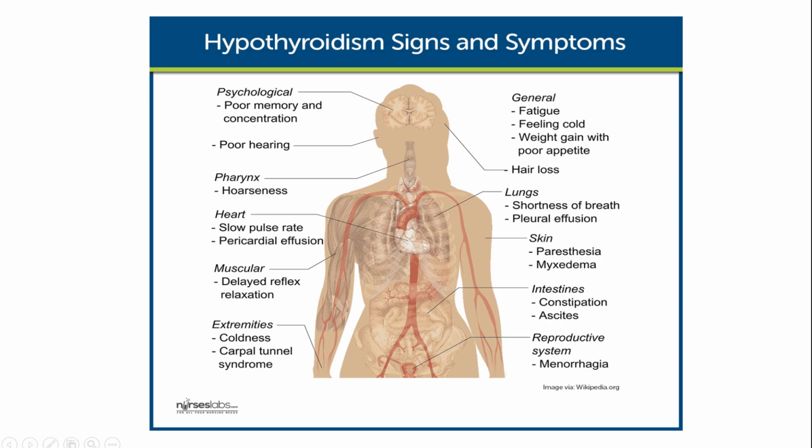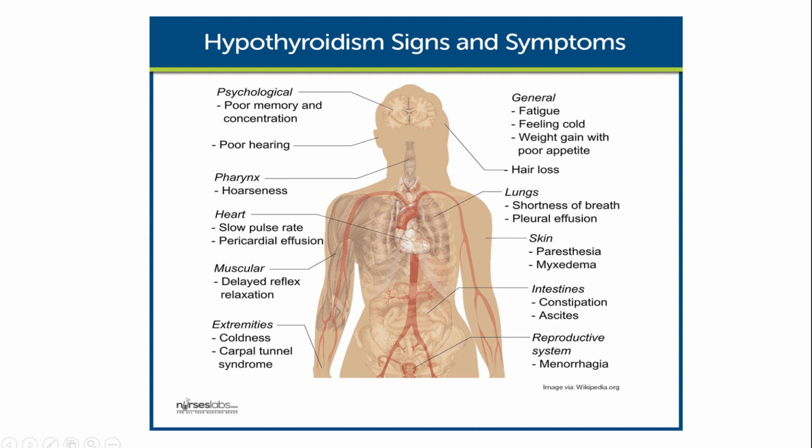This picture shows some signs and symptoms of hypothyroidism. Generally, the patient presents with fatigue, feeling of cold, weight gain with poor appetite. Patient may experience hair loss. There may be shortness of breath. The skin may show paresthesia or myxedematous changes. He or she may complain of constipation and menstrual abnormality like menorrhagia.